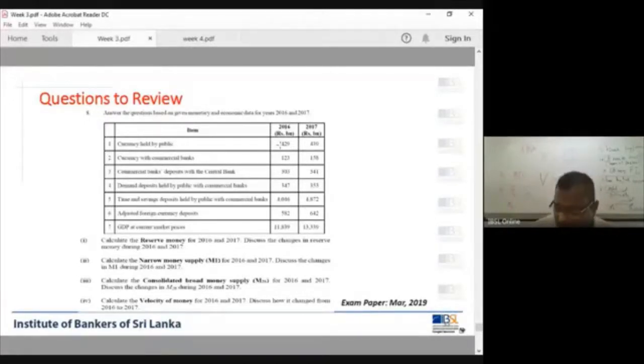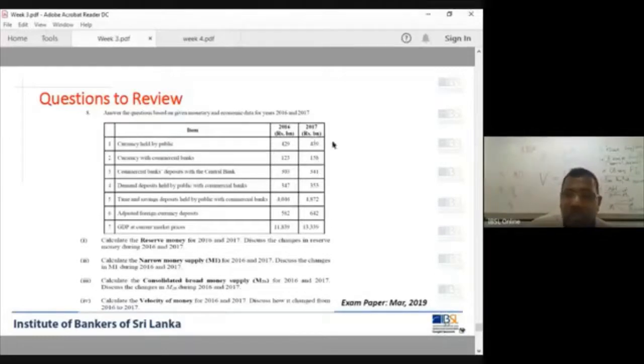So as Ishara mentioned very clearly, adding 429, 123, 303, you will get 855. In a similar way, for 2017, if you add up all first three rows, 439, 158, 341, what you get is 938.